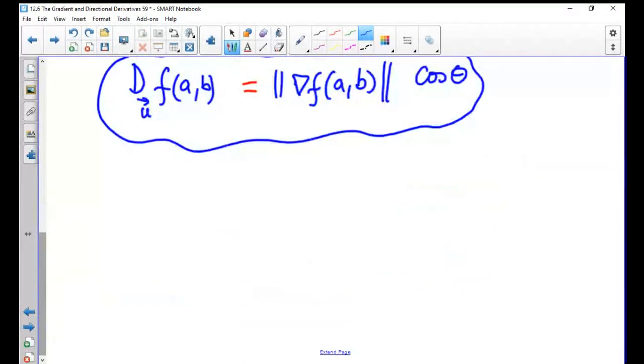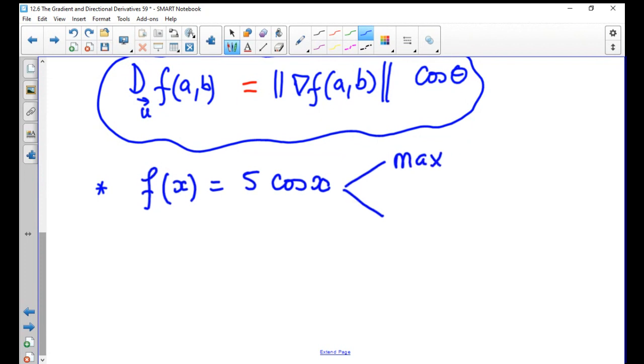Now, from here, let me give you a simple question. Suppose you have a function f of x equal to 5 cosine x. What is the maximum value of this function? 5 will be the maximum value. What is the minimum value?